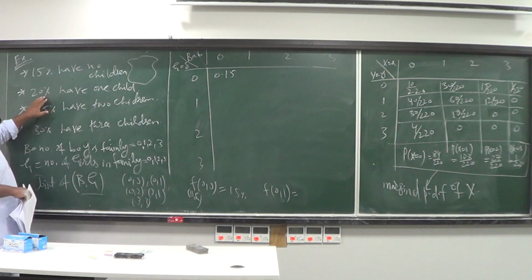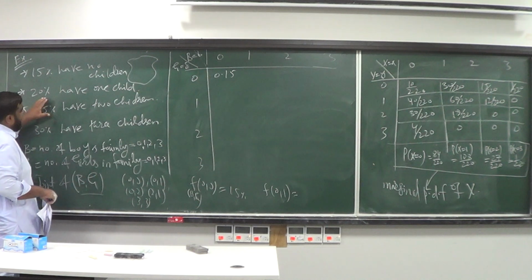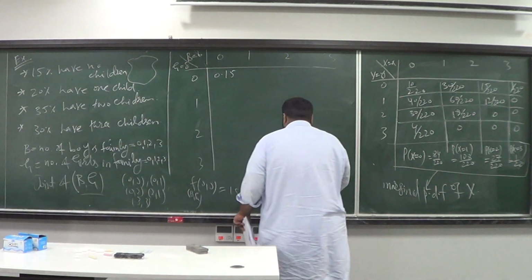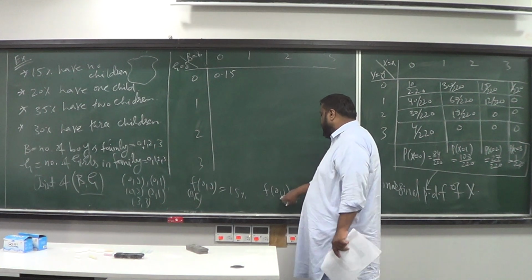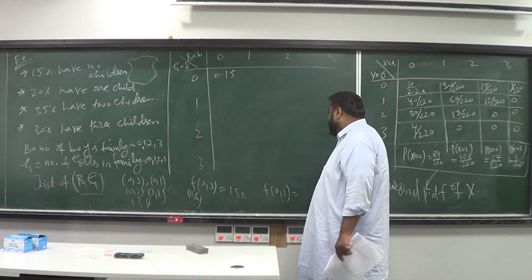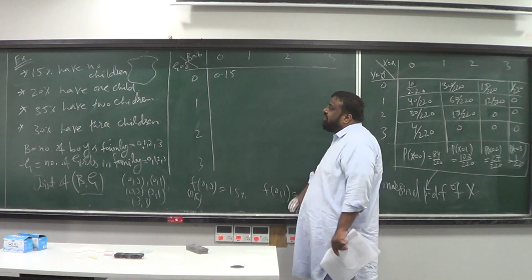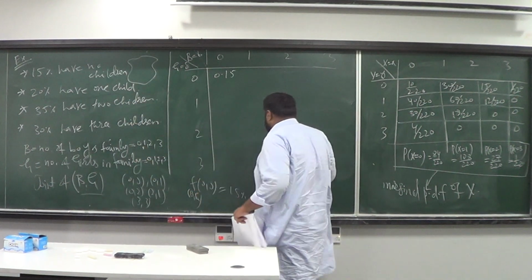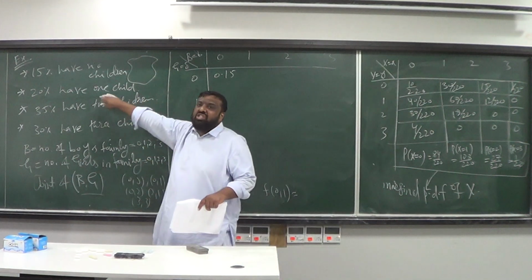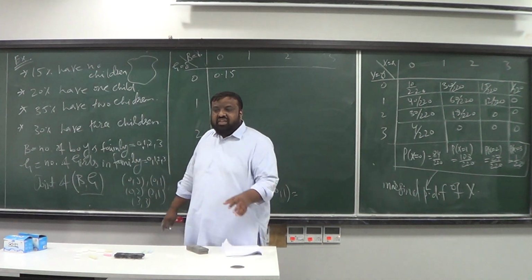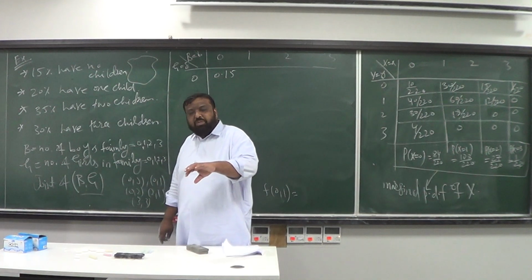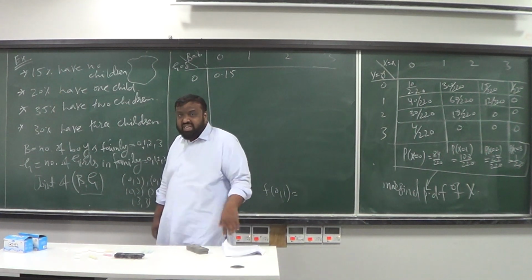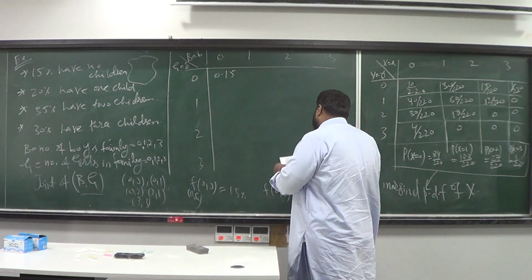So this is going to be part of the families with one child, and the child has a 50% chance of being a boy and a 50% chance of being a girl if you choose randomly.